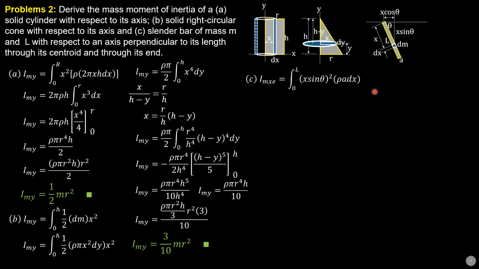So we put everything that is constant before the integral sign, such as rho, A, and sine squared theta, then integrate x squared dx. The integral of that is x cubed over 3.